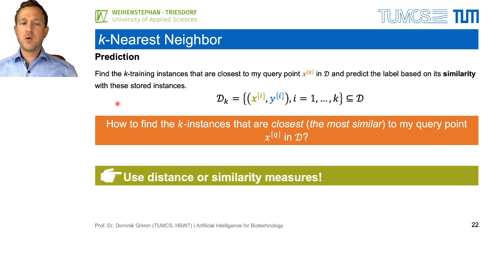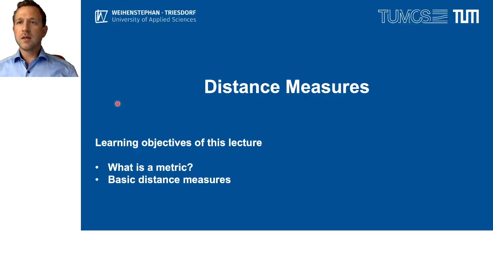And there we have to look at so-called distance or similarity measures. In the following we will learn what distance measures are, what a metric is, and what basic distance measures we will use, for example, for the K nearest neighbor method.